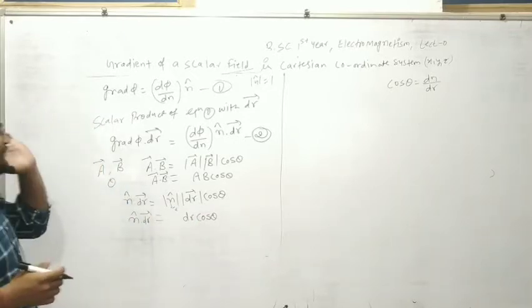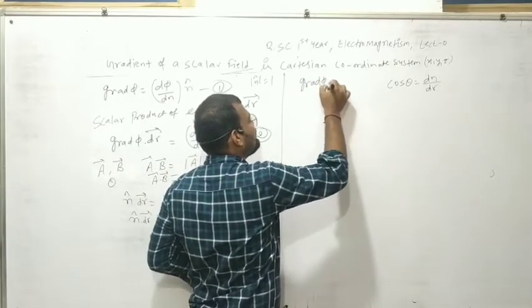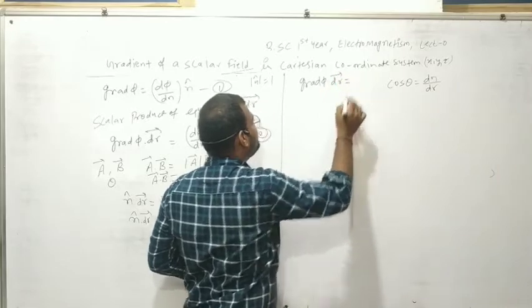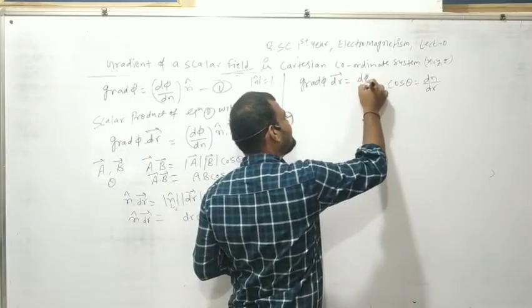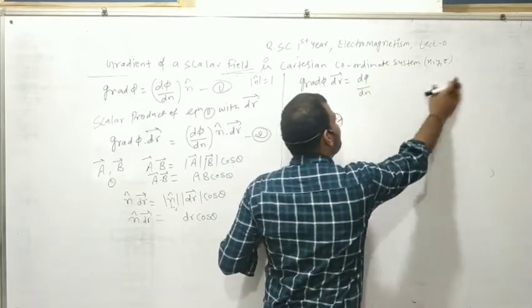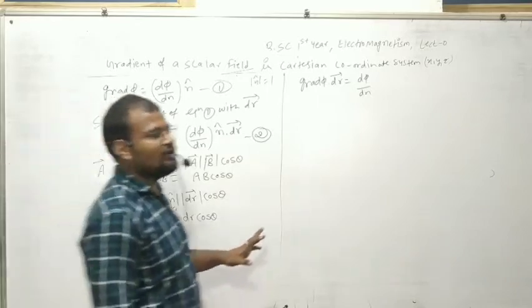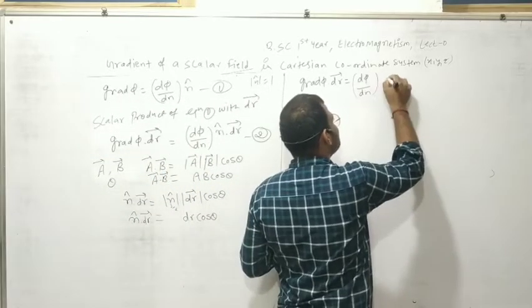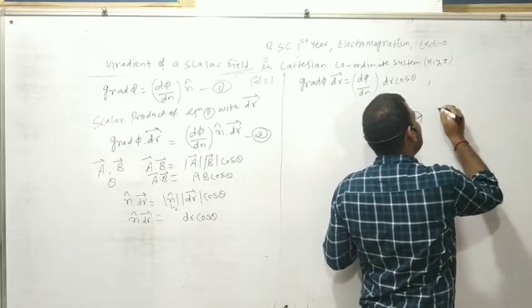So equation 2 will become gradient phi dot dr vector equal to d phi over dn into n cap dot dr, which is dr cos theta. And from the diagram, what did you see?